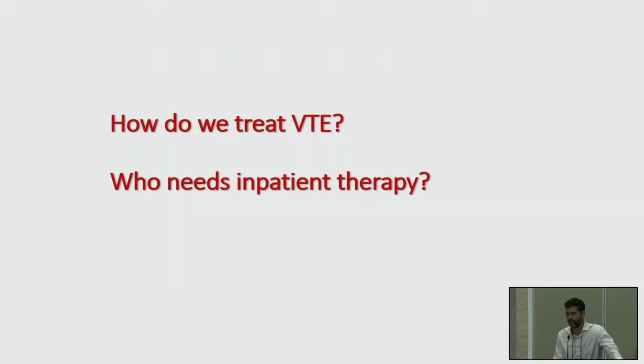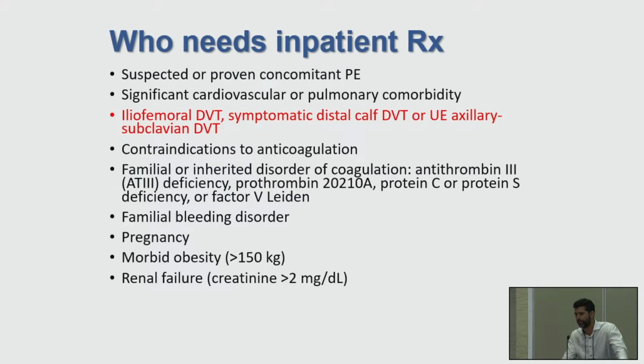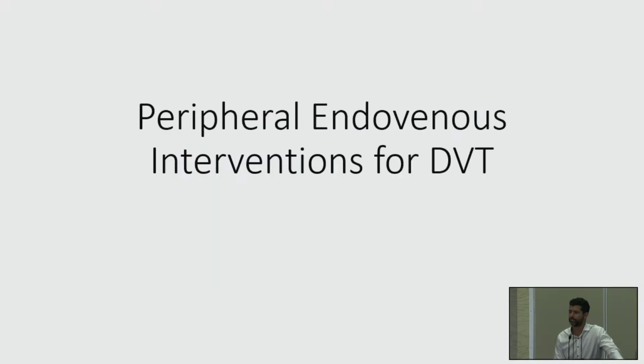So how do we treat it, and who needs inpatient therapy? The majority of the patients we treat, and now we're talking about DVTs, are patients that have symptomatic iliofemoral DVTs, or upper extremity DVTs with large thrombus burden and symptoms. So how do we treat these patients in an endovascular fashion?